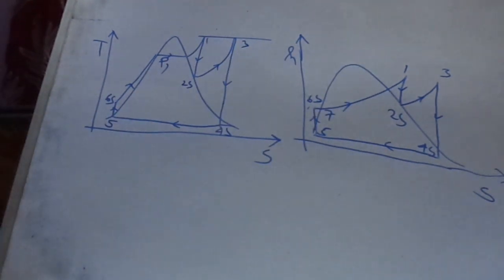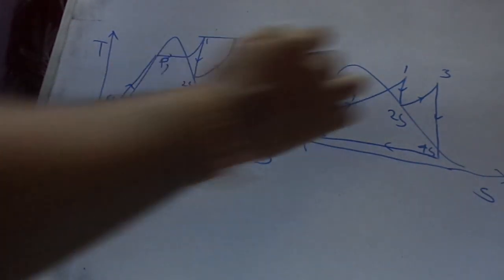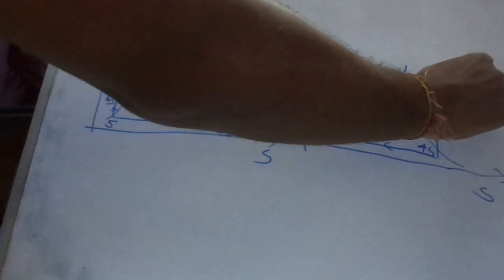This is the HS plot, and T1 is equal to T3.